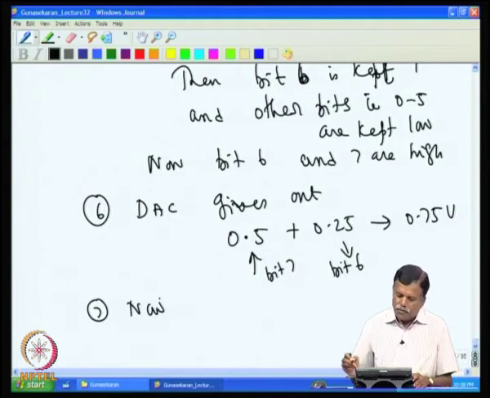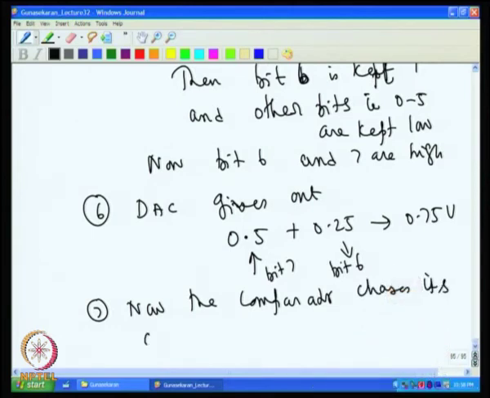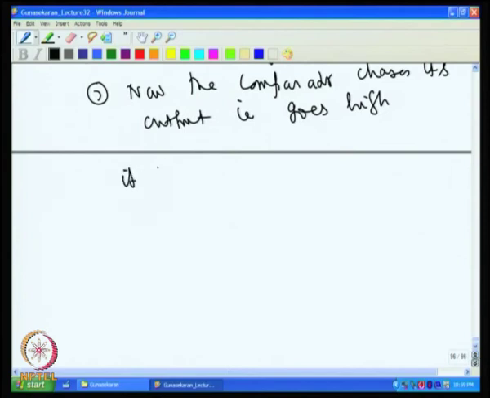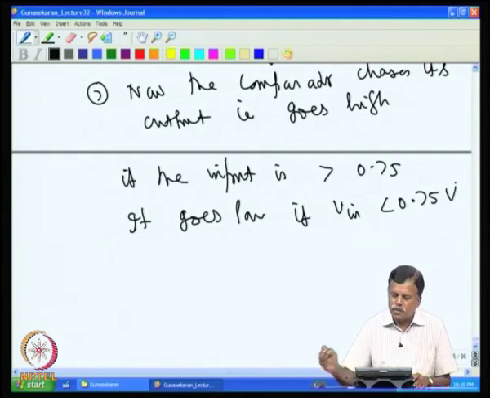Now the comparator changes output, that is, it goes high if the input is greater than 0.75, and it goes low if V in is less than 0.75 volt.